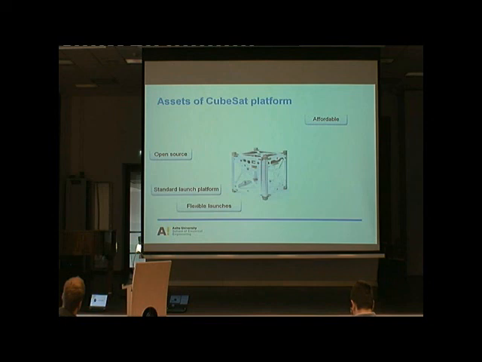You can go and download how they have been making these satellites. It's a big community, community supported, and subsystems are available commercially. There's a lot of education in this field also, because CubeSats are used as education.